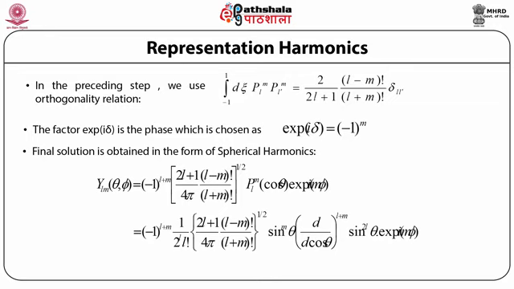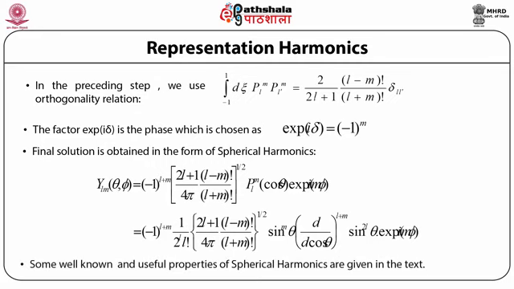And this can further be solved as Y_lm(theta, phi) equals (-1)^(l+m) times 1 upon 2^l l! times [(2l+1)/4pi times (l-m)!/(l+m)!]^(1/2) times sin^m theta times (d/d cos theta)^(l+m) times sin^(2l) theta times e^(i m phi).